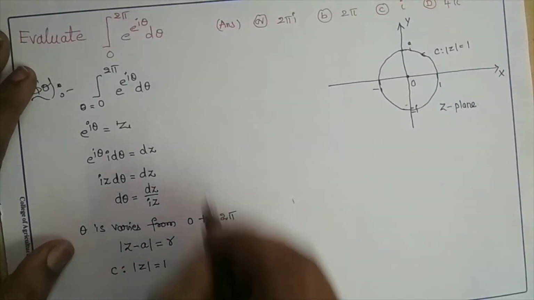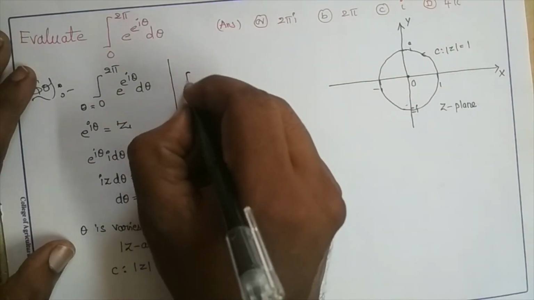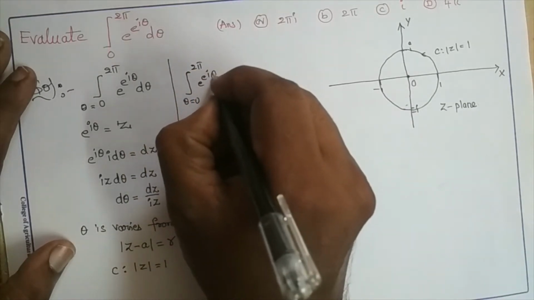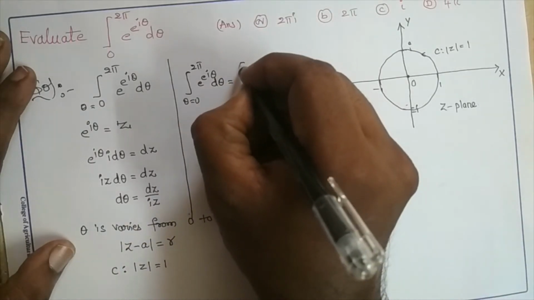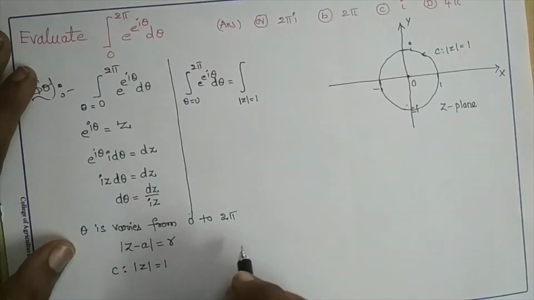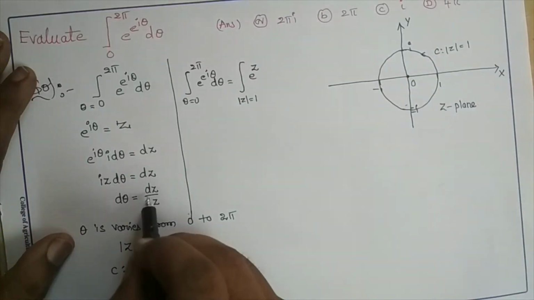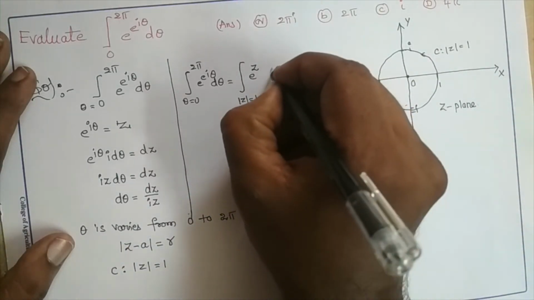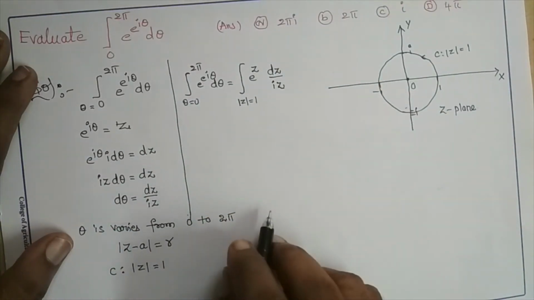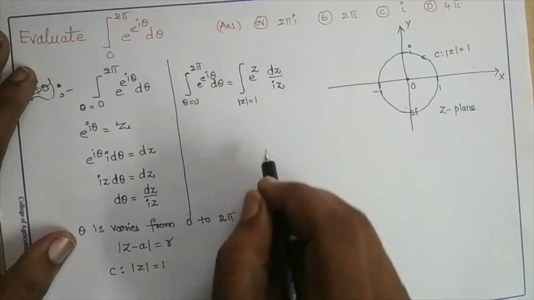Now we can go for substitution. Integral theta from 0 to 2 pi of e power i theta d theta can be converted as the integral over mod z is equal to 1 of e power z, with d theta written as dz by iz. We can find this with the help of the Cauchy integral formula.